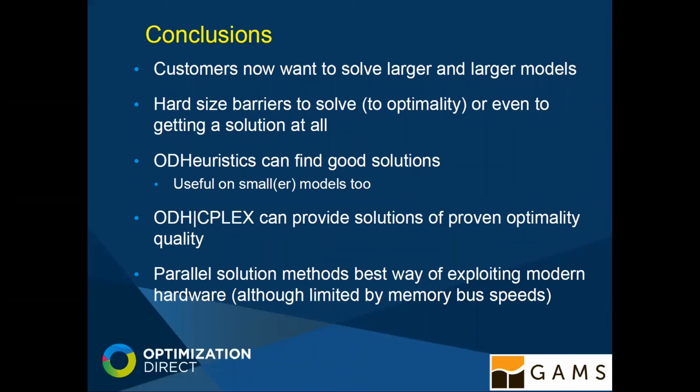Modern hardware is distinguished from hardware of 5 and 10 years ago, mostly by the level of parallelism that's available. And the idea of ODH CPLEX is to exploit these improvements as much as possible. And it does it as far as it can, and the only limitation really is in the memory bus speed.